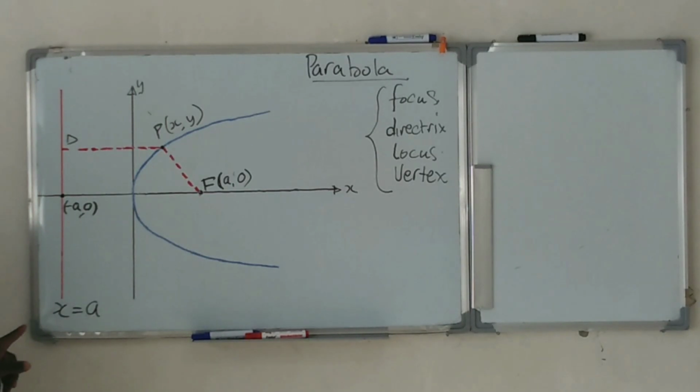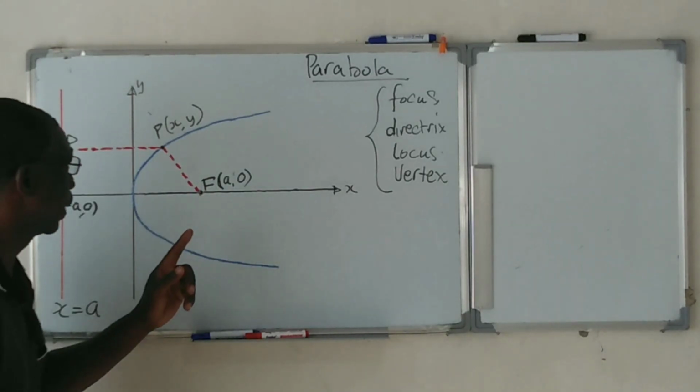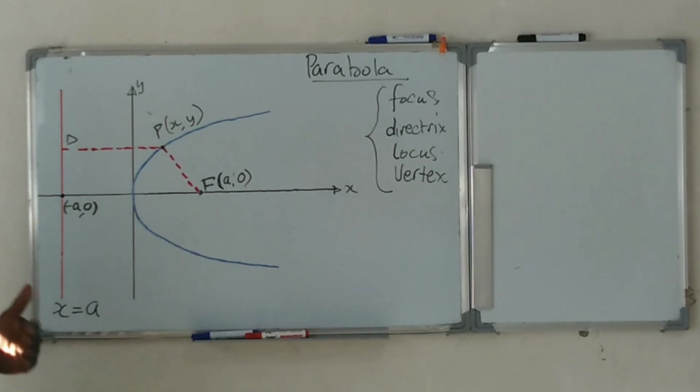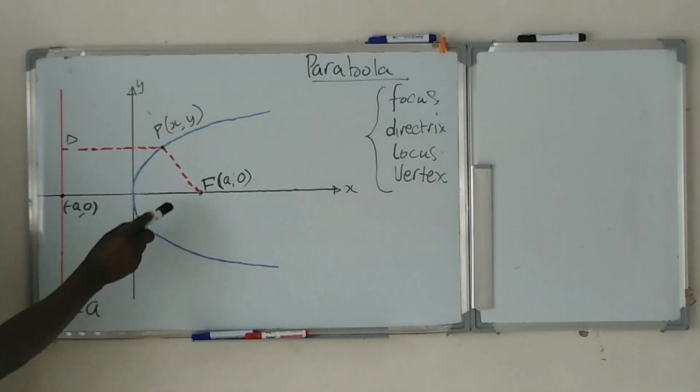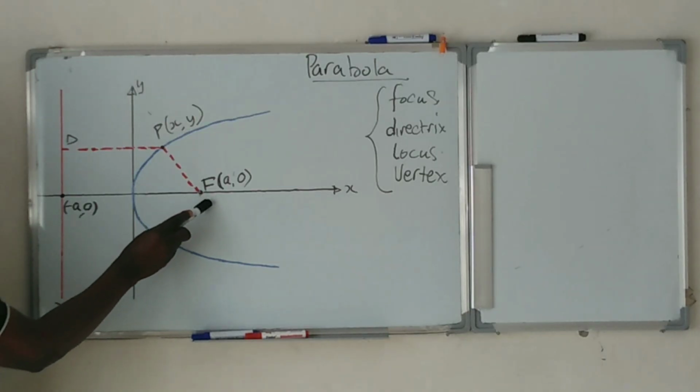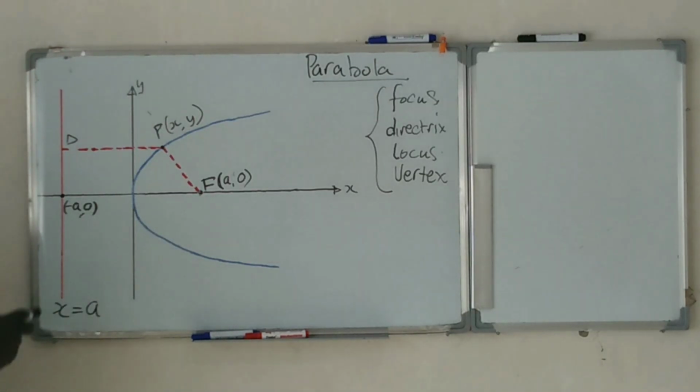Let's repeat the definition. A parabola is the locus of a point, in other words, the path traced out by a point, which is such that its distance from a fixed point, the focus, is exactly equal to its distance from a fixed line, the directrix.